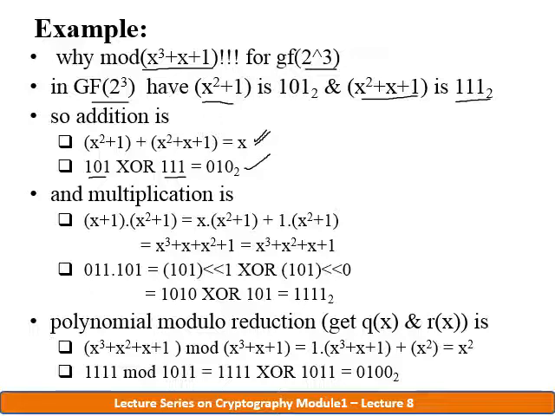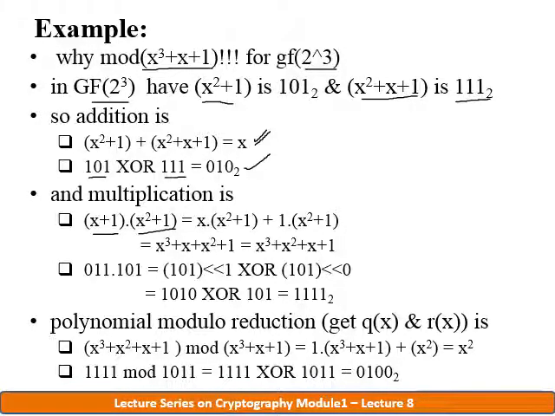And for multiplication, I take x plus 1 multiplied by x square plus 1. I have taken another example here, these two polynomials I want to multiply. What result do we get? Multiplying, x into x square plus 1 plus 1 into x square plus 1.